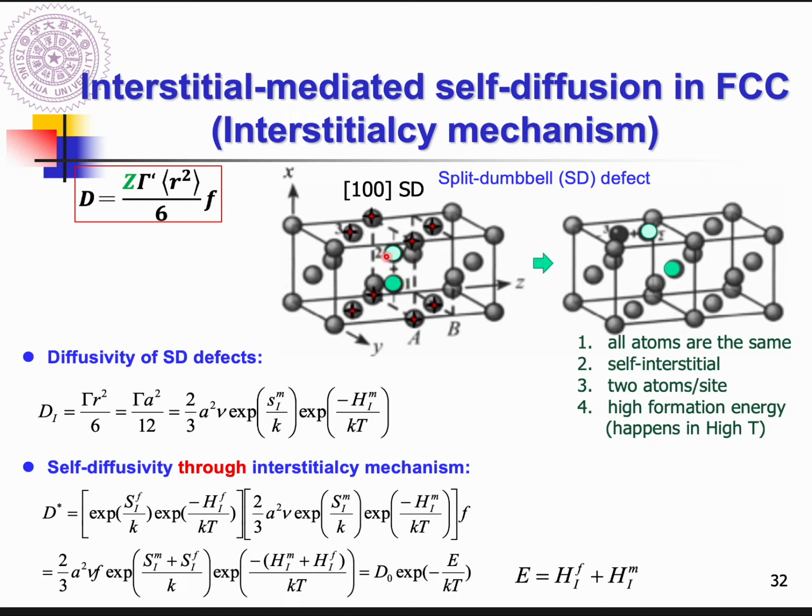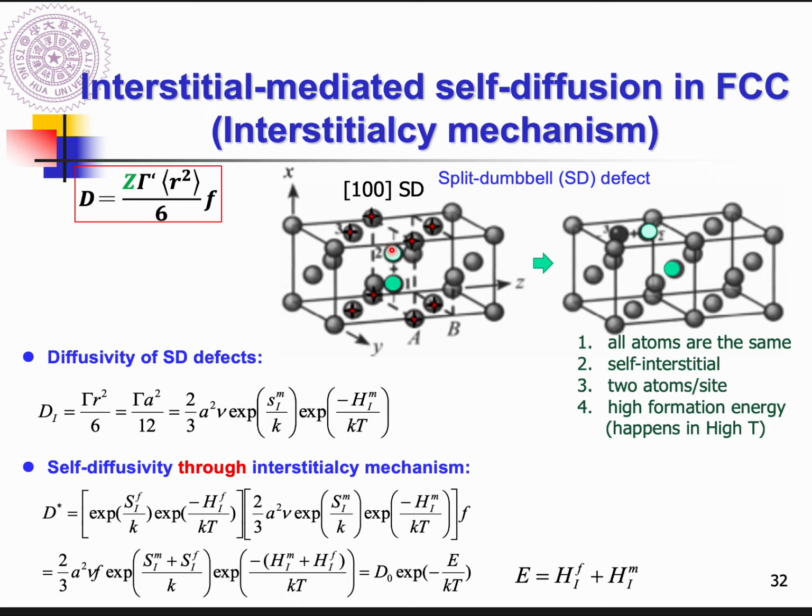So why can we directly add 4 plus 4? Because the diffusion mechanism for the split dumbbell is that either the upper atom or the lower atom jumps.